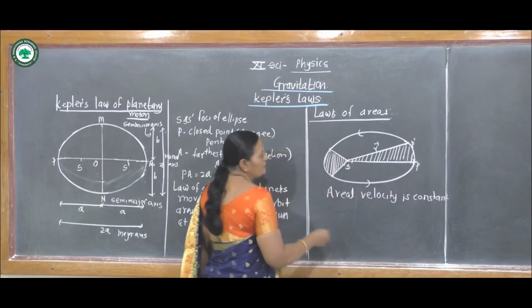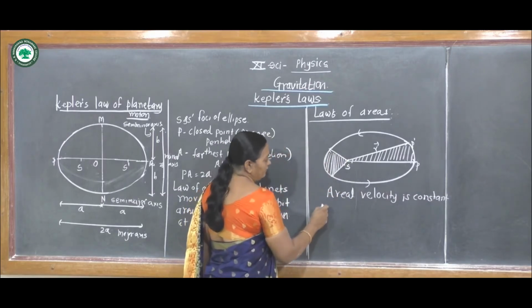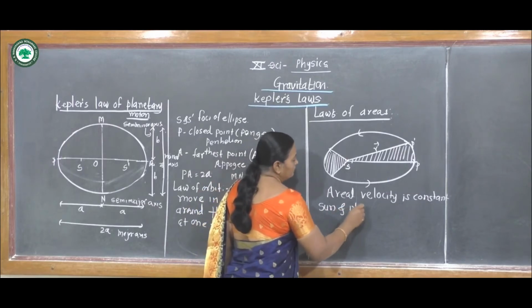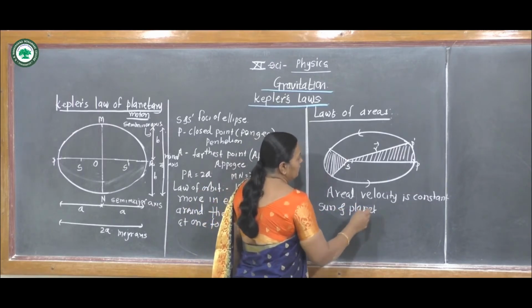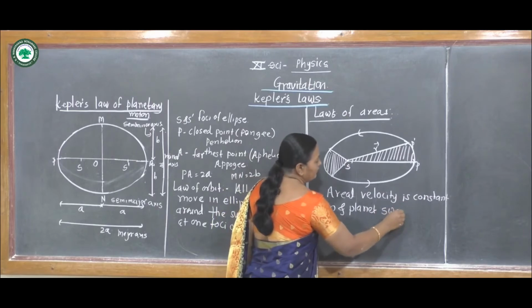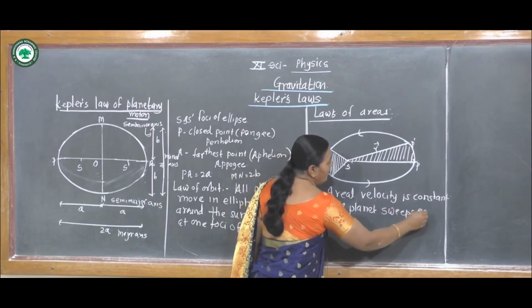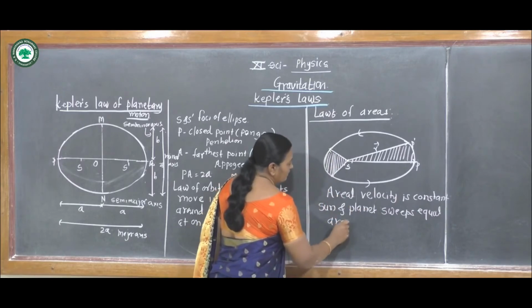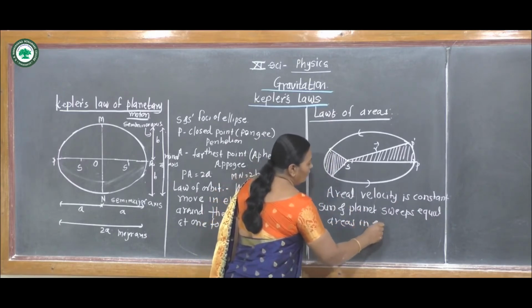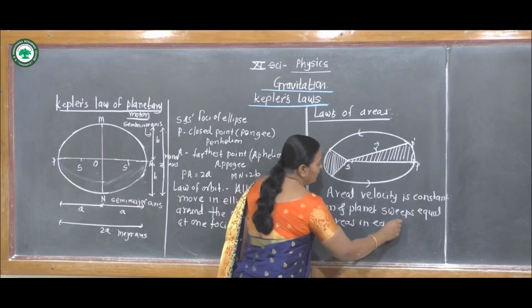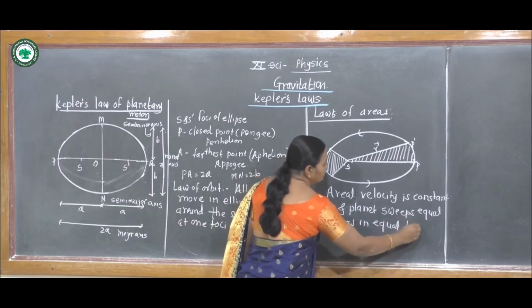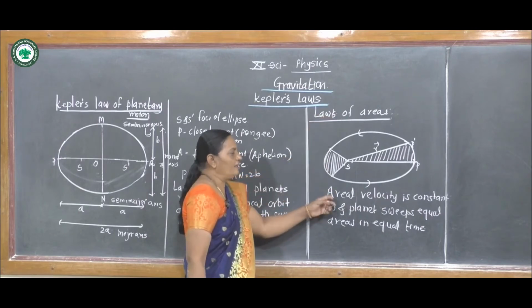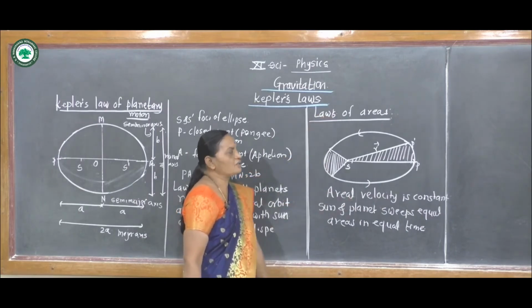That is, the line joining the sun and the planet sweeps equal areas in equal time. This is the second law of areas, and that is the areal velocity is constant.